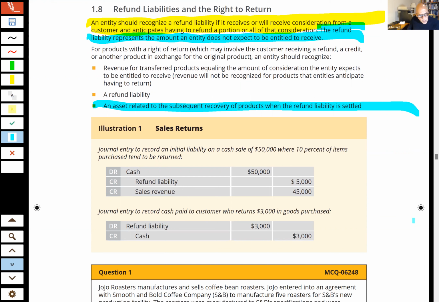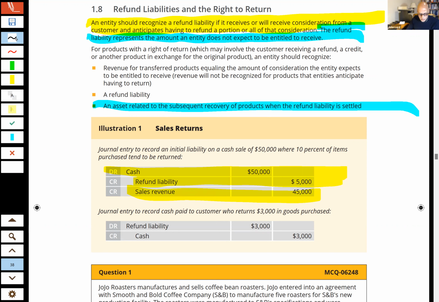Now, I'm not in love with the way they presented this, because I think it's missing something. They say we have these cash sales and we have a refund liability here of $5,000, so our sales revenue is $45,000. That's not quite how it would be done.